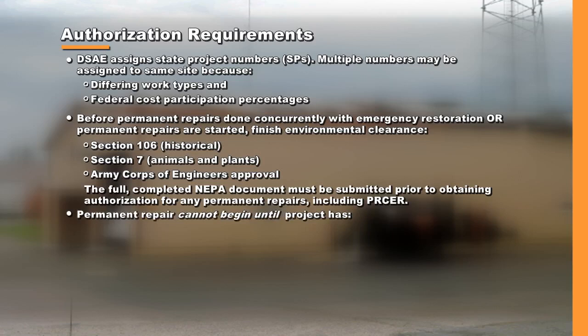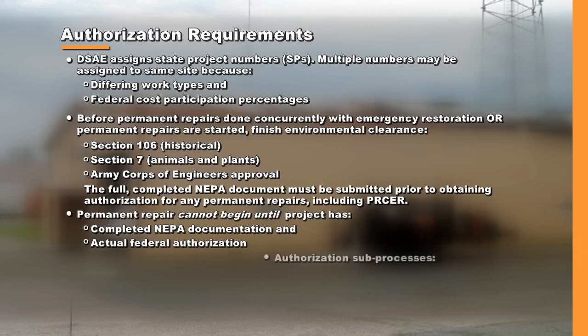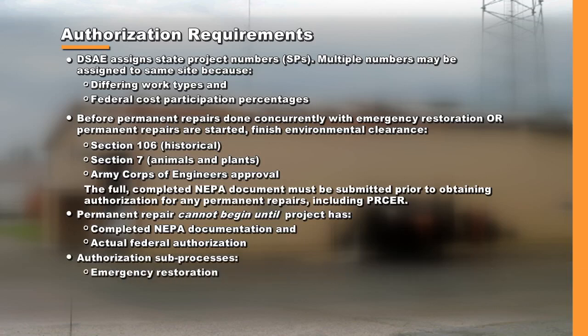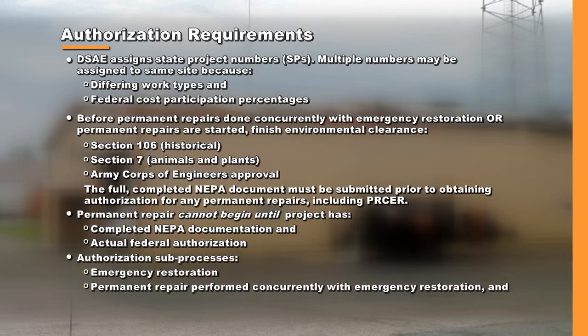Permanent repair work cannot begin until the project has actual federal authorization. Now that you're familiar with the authorization process requirements, let's review the 3 authorization subprocesses: emergency restoration, permanent repair performed concurrently with emergency restoration, and permanent repair alone.